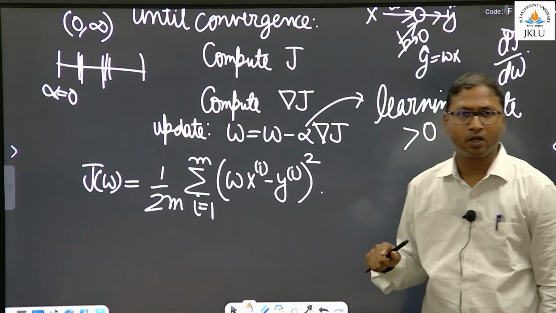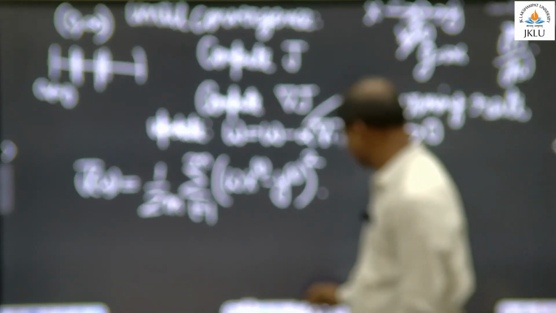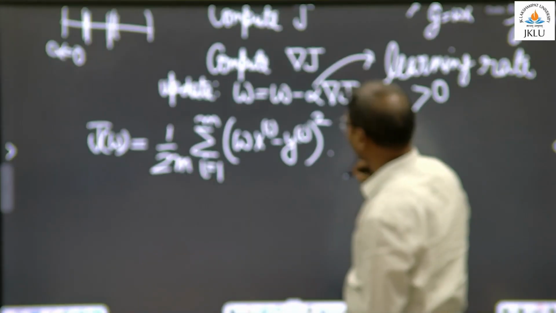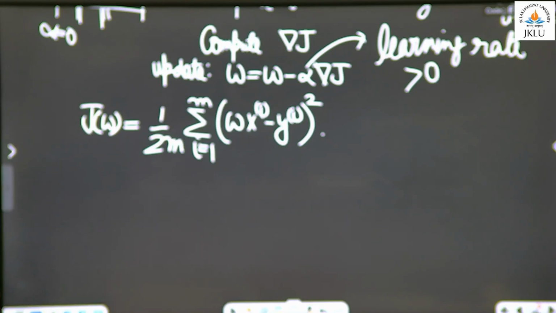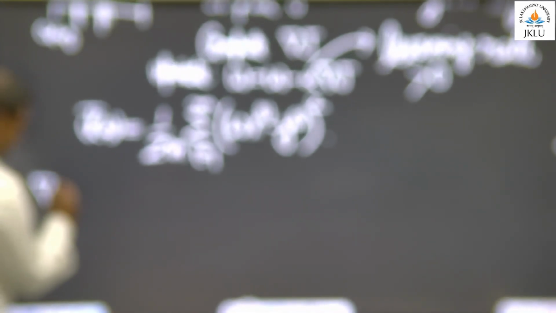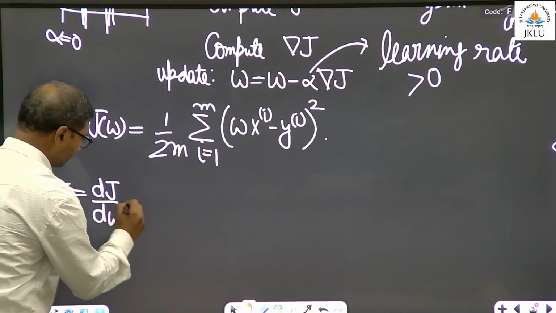How do I compute grad J? So grad J in this case is dJ by dW.